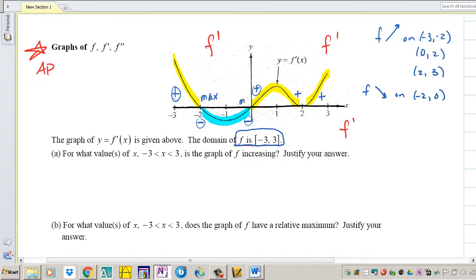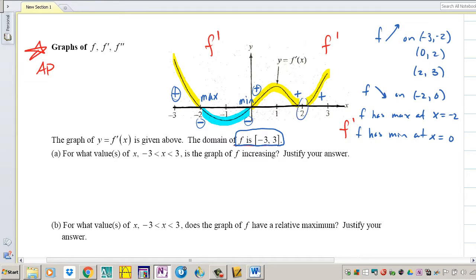This is a min because you're going from negative to positive. So f has a max at x equals -2, and f has a min at x equals 0.